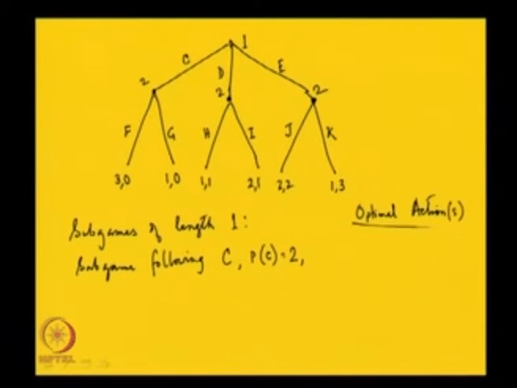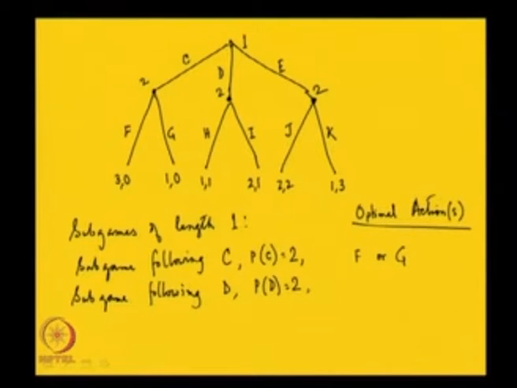In this case, player 2 is indifferent between F and G. So, F or G both are optimal. Then I have the subgame following D, P(D) is equal to 2, and what are the optimal actions?